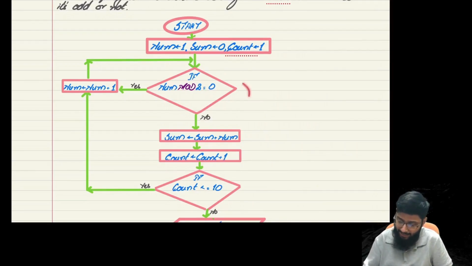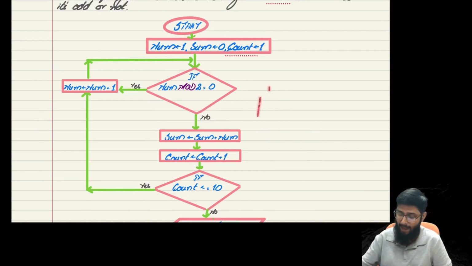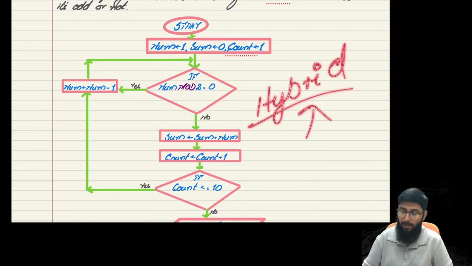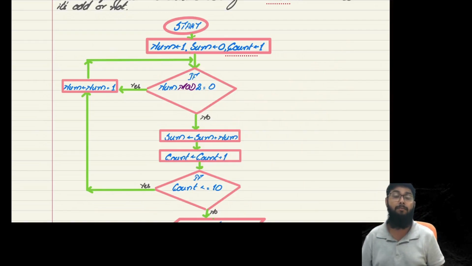That means a selection is done as well as a loop over here. So both things are done simultaneously, and that is why it is known as a hybrid program. And do remember that mostly the hybrid programs are part of your paper.